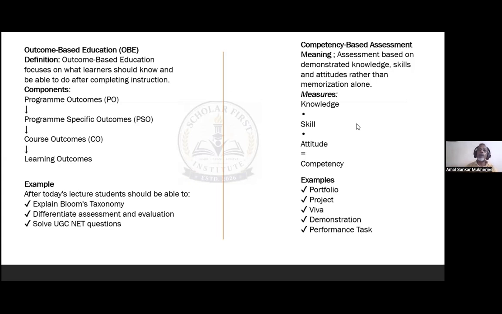Now we come on to the competency-based assessment. Assessment based on demonstrated knowledge, skills, and attitude, rather than memorization alone, is the competency-based assessment. That means in case of assessment, we are not just giving some questions and asking the student to give the answer. This will be totally focusing on their memorization.